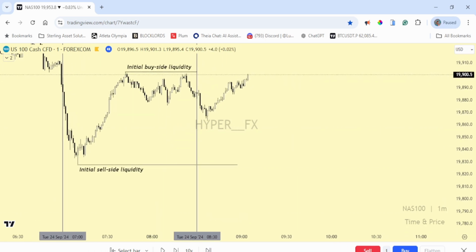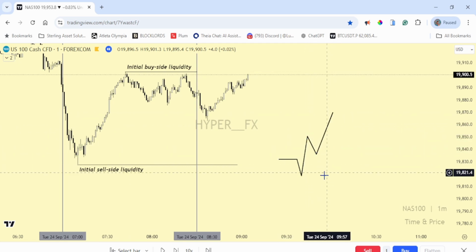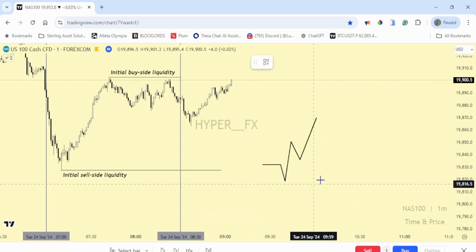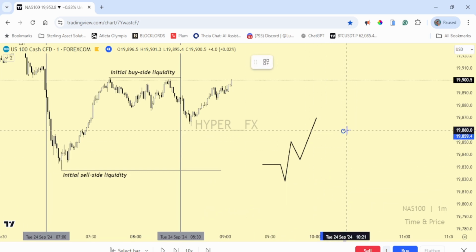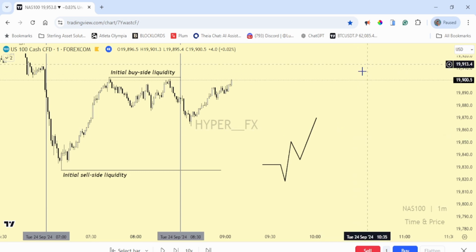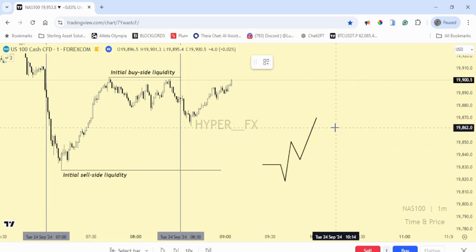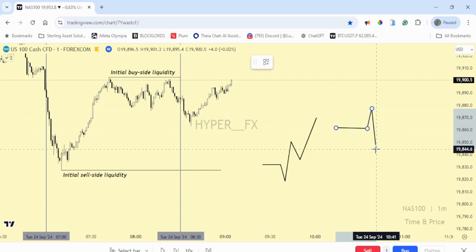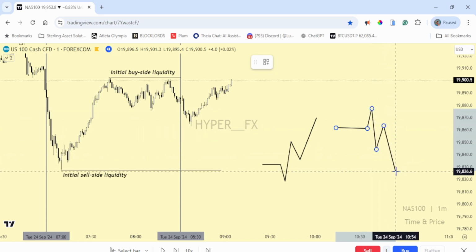Now remember how price used to move. For any bullish day, once price opens, price needs to make a low first before making a high, then continue higher. And the same thing goes for the short positions. For a bearish day, once price opens, you expect price to make a high first before making a low to target downside.